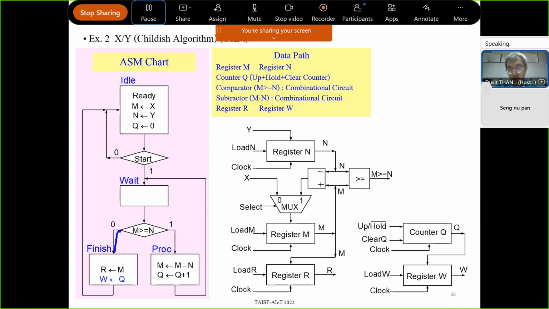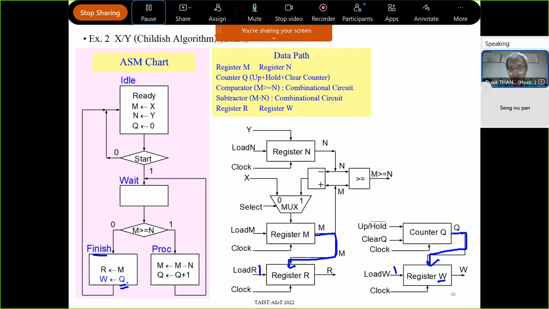At state finish, load data from M to R and from Q to W. That means the output of M must connect to the input of register R, and the output of counter Q must connect to the input of register W. At this state finish, load R should be 1, load W should be 1.